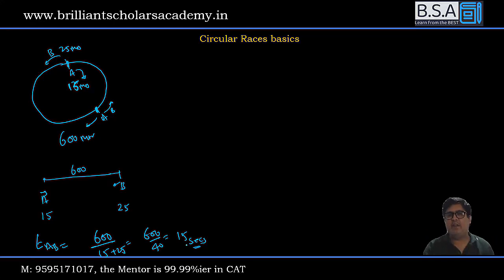Listen to the language. First time they will meet in 15 seconds. Second time they'll again meet after 15 seconds, 15 seconds, 15 seconds. If they want to meet n times, the total time will be n into 15 seconds. This is the time for the first meet.